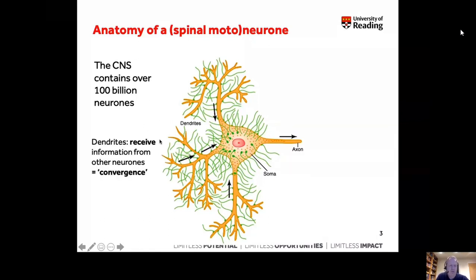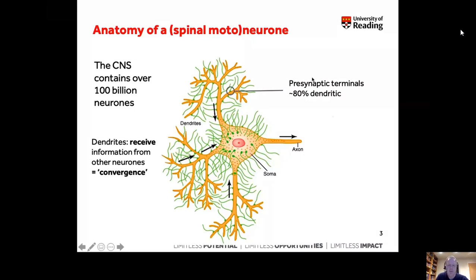So dendrites receive information from other neurons, and from a physiological point of view, that's called convergence of neuronal information. The way that they do this is by contacting from one synapse to another via what we call presynaptic terminals. Again, we'll talk about these in detail as we go through the lectures.